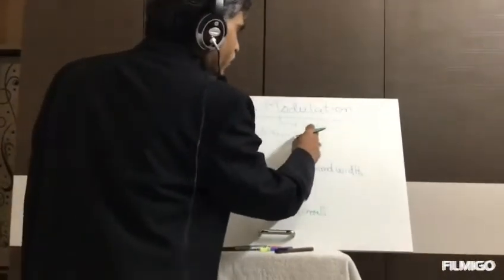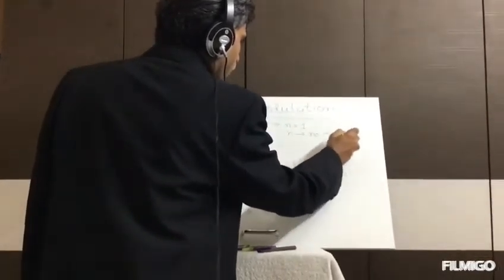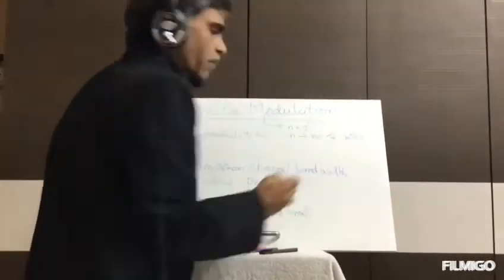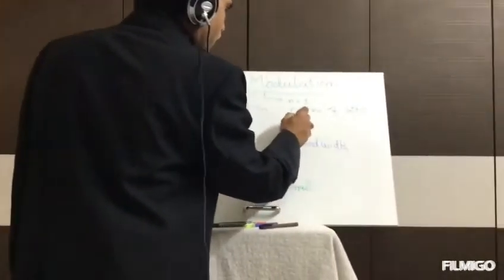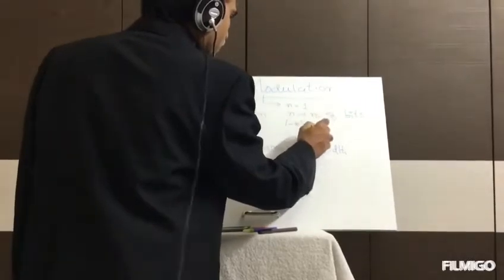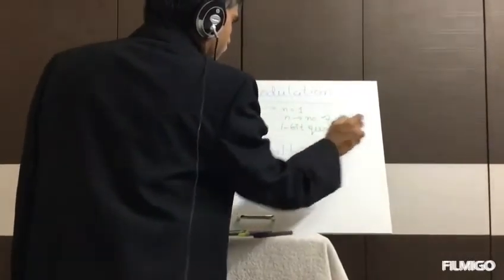Remember, the n equal to 1, where n represents number of bits, means binary digits, while the quantizer is called as 1 bit quantizer.